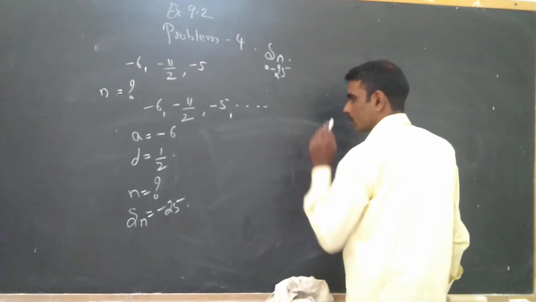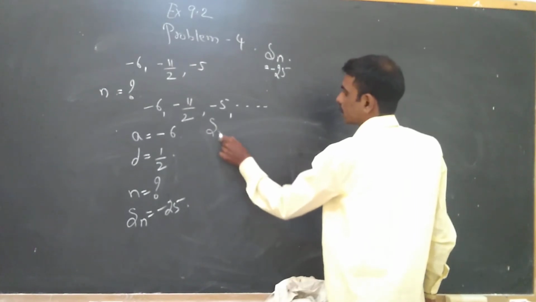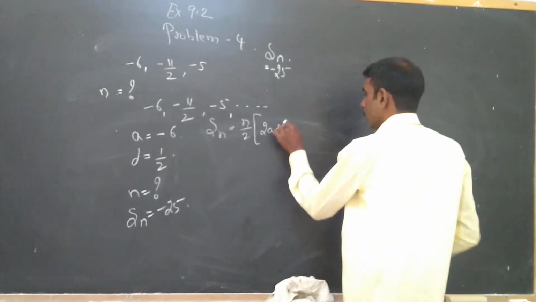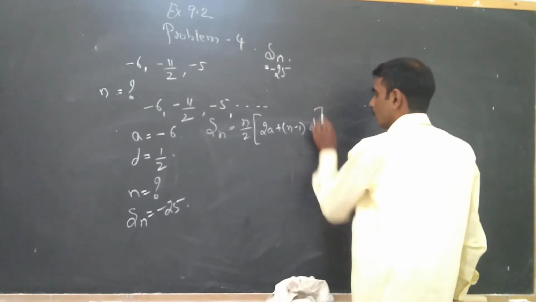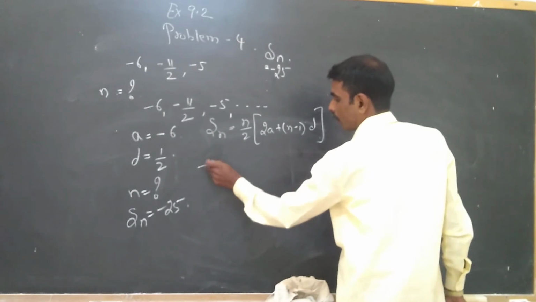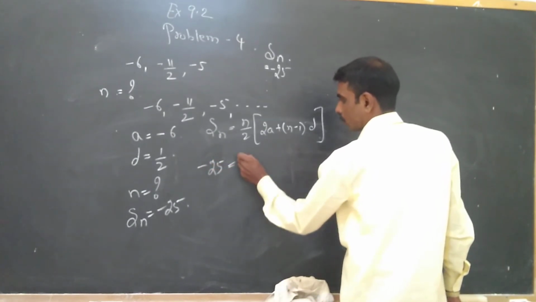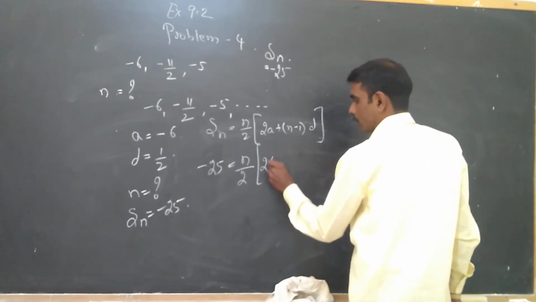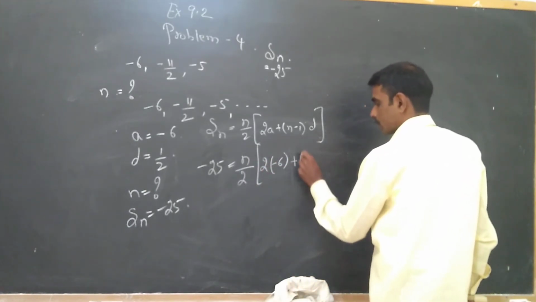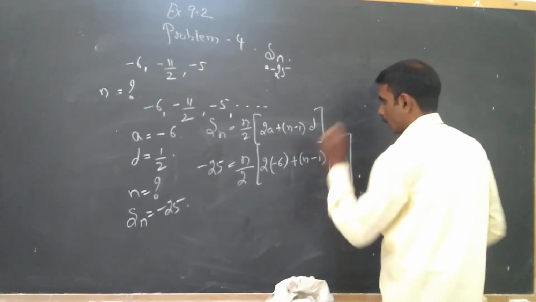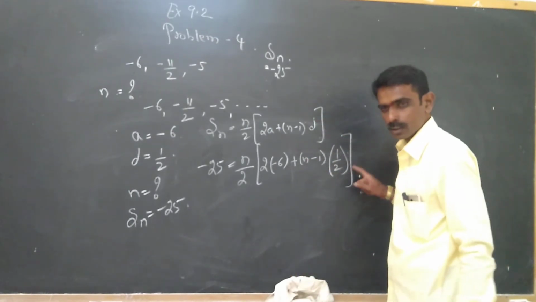So I will be making use of the formula Sn is equal to n by 2 into 2a plus n minus 1 into d. So Sn is given to be minus 25, equal to n by 2 into minus 6 plus n minus 1 into 1 by 2. The value of d that I have substituted.